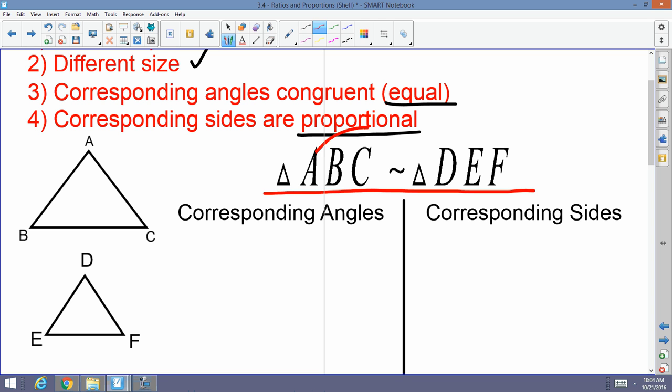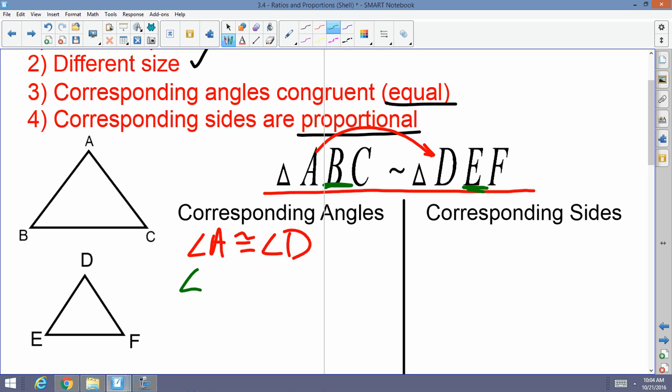Angle A corresponds to angle D, and they're congruent because corresponding angles in similar figures are congruent. Angle B, which is the second letter, corresponds to E, because it's the second letter.